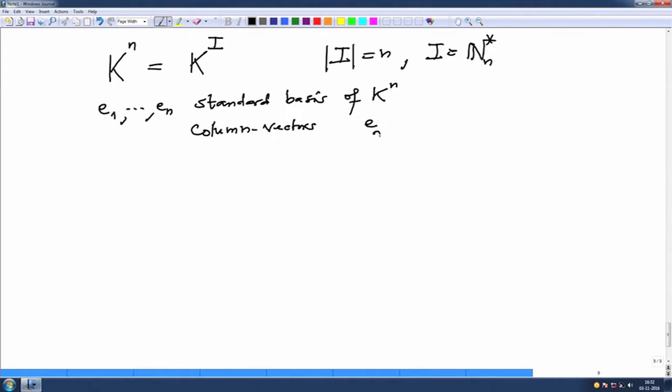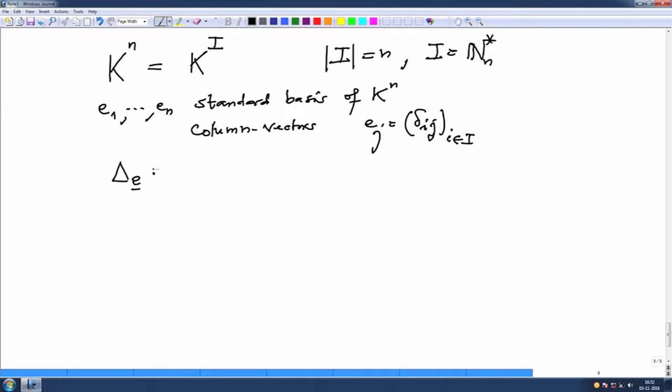So Ej is the column δ_ij, where i is varying in I. It is a column where the jth position is 1 and everywhere else it is 0. And corresponding to this standard basis, we will have an alternating form which we have denoted by δ_E.